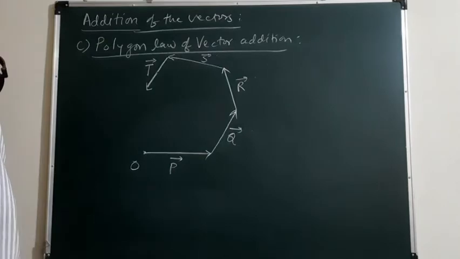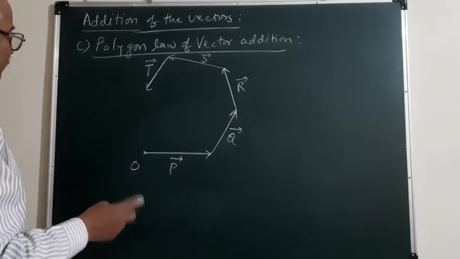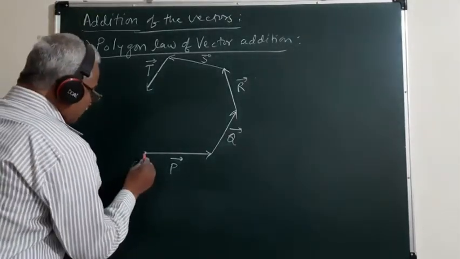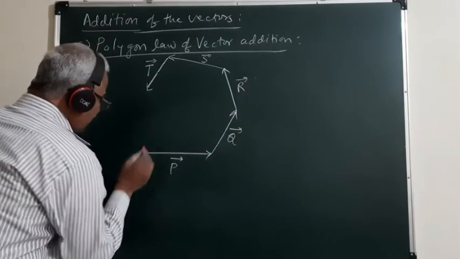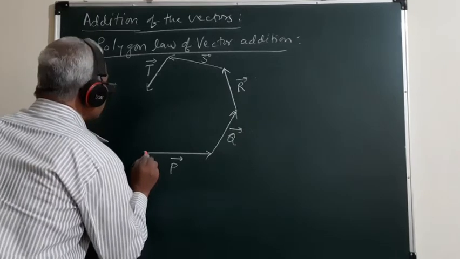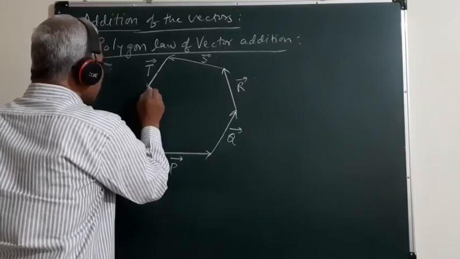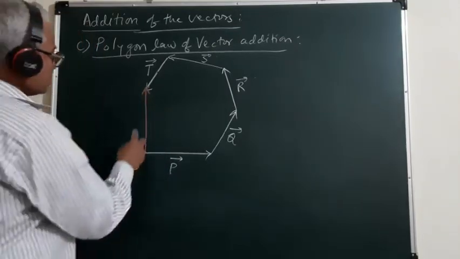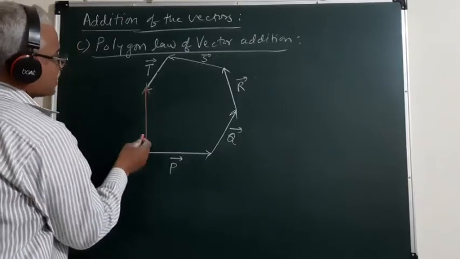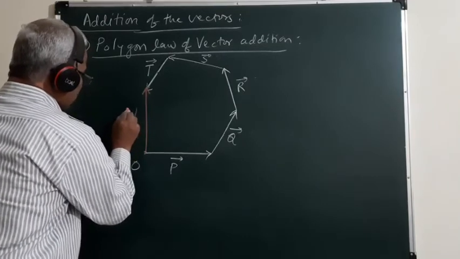And once all the vectors are arranged in order, then if we complete this polygon by drawing the directed line segment starting from the initial point of the first vector to the end point of the last vector, then this side of this polygon represents the sum of all the given vectors.